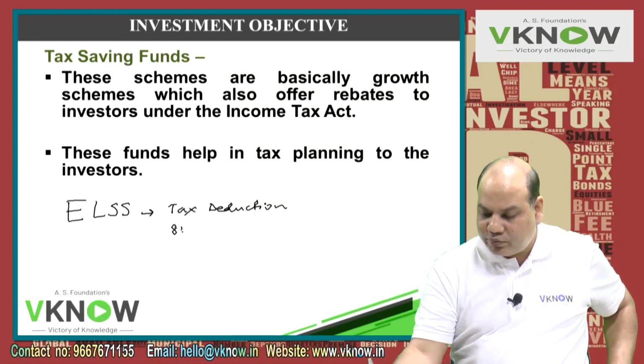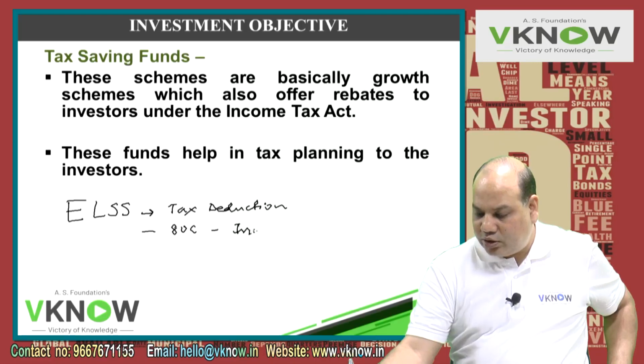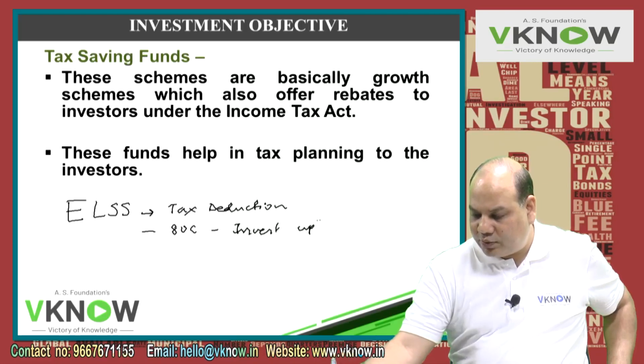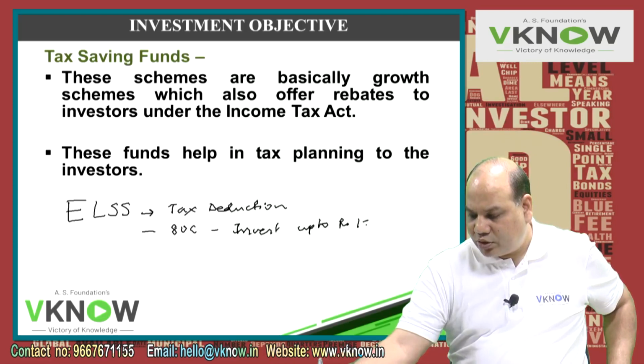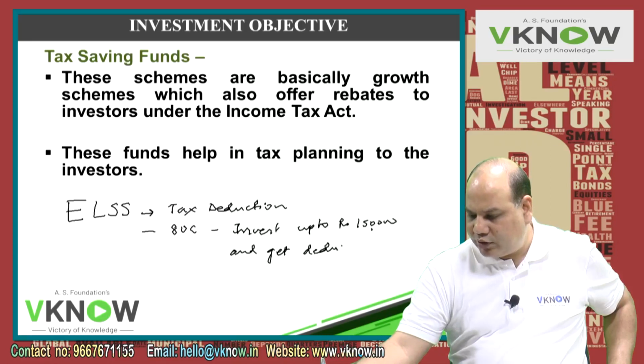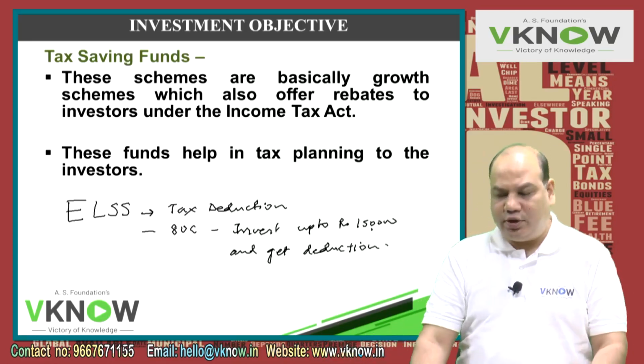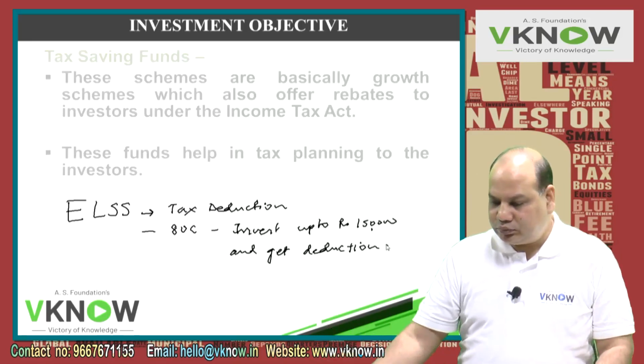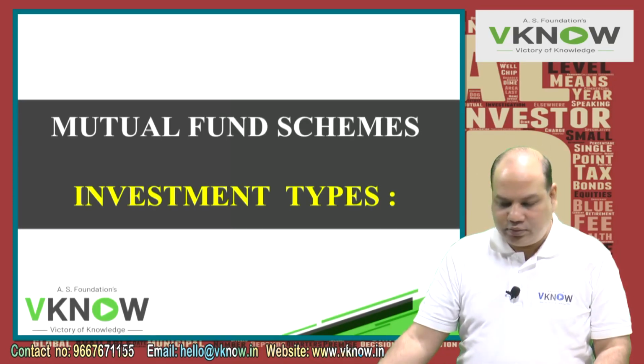For example, you will say under section 80C, you can invest up to rupees 1,50,000 and get deduction. So directly it is deducted from your gross total income and you save taxes. So that is tax saving funds.